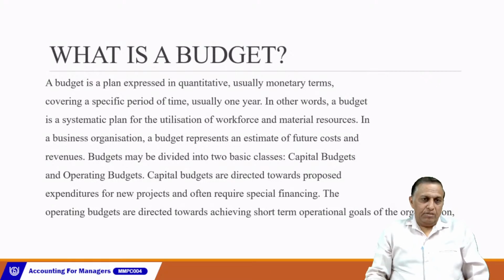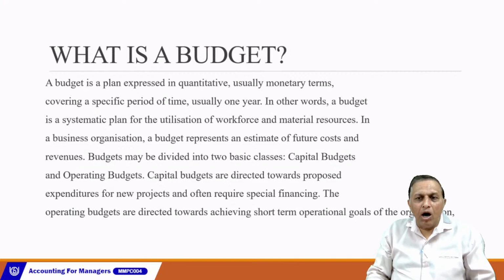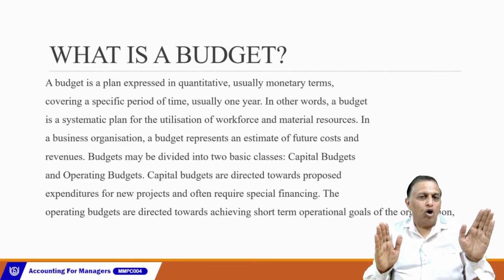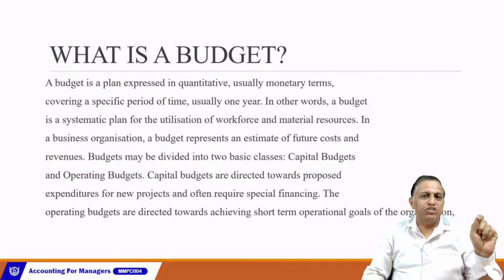What is a budget? A budget is a plan expressed in quantitative, usually monetary terms. At par with the accounting norms, unless the budget is given in monetary terms, it will not be called a financial budget.